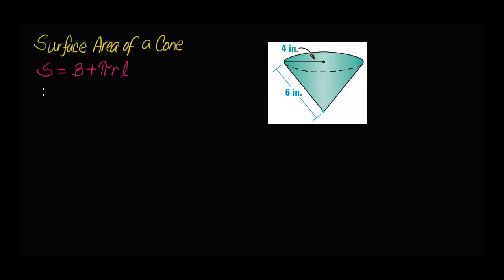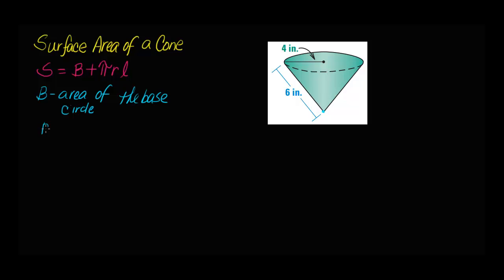Let's find B first. B, which is the area of the base. Now in this case, the base is the face which the cone sits on. So I would have to turn this cone around with the vertex on top, and the base would be the circle. So for a cone, the base is always a circle, okay?